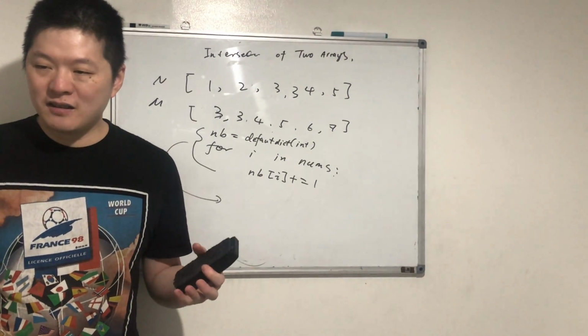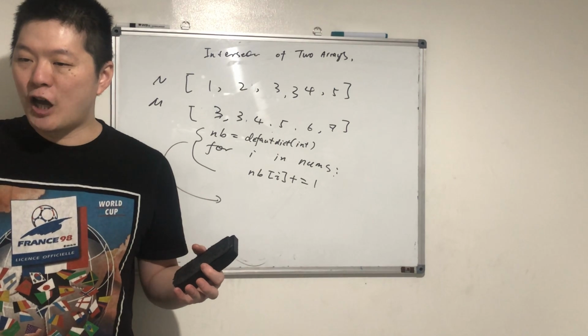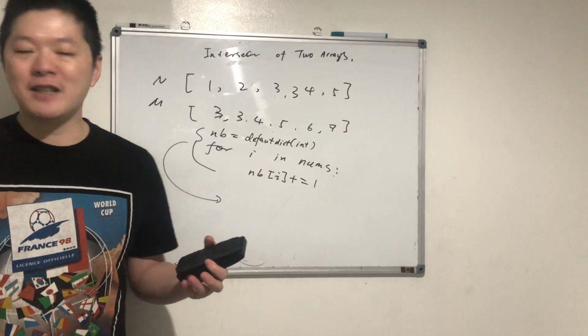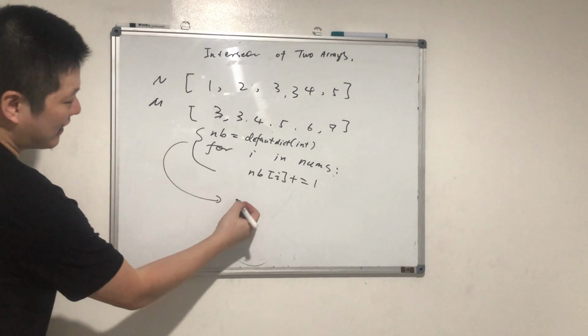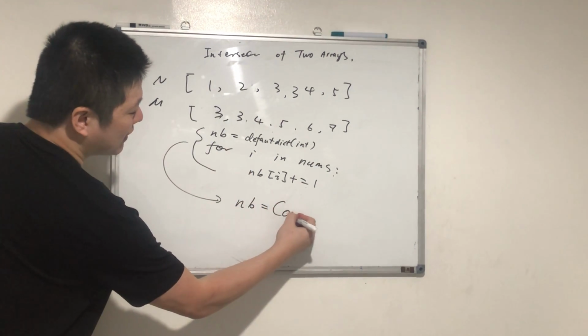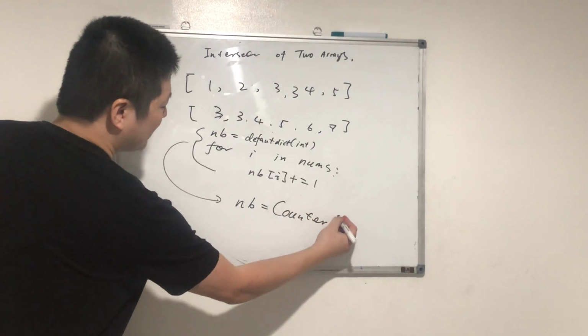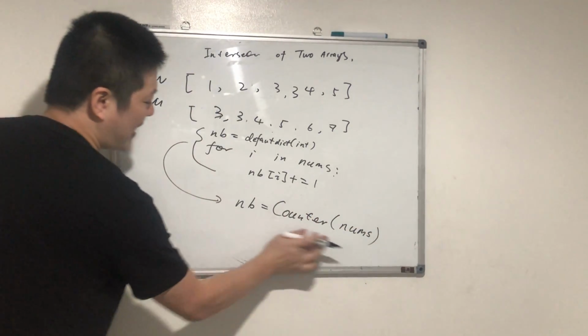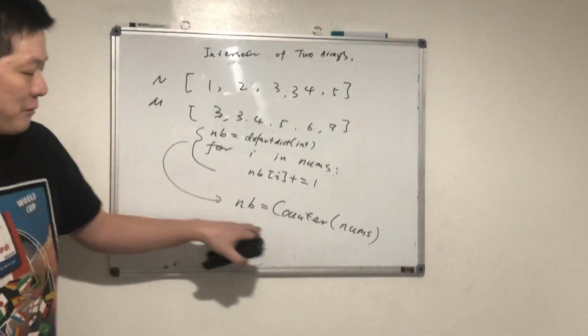What's the object? Start with C-O-U. Count. Counter. Yeah. So all these can be turned into notebook equals Counter. We want to count what? Count the numbers. Yeah. So these three lines are exactly the same thing.